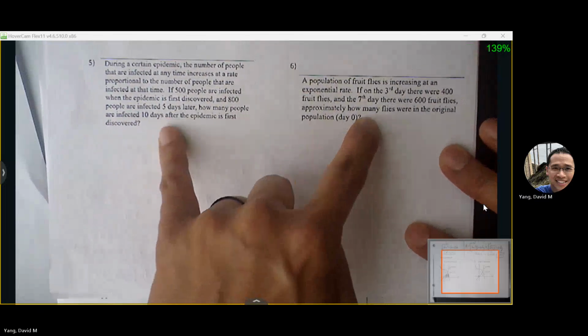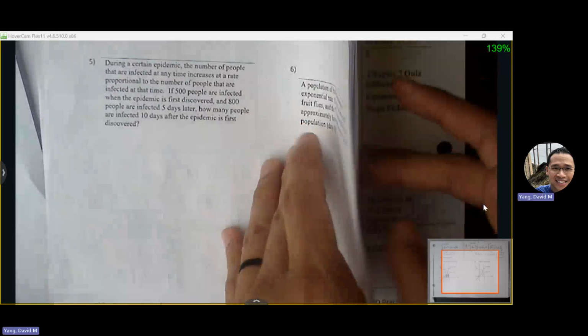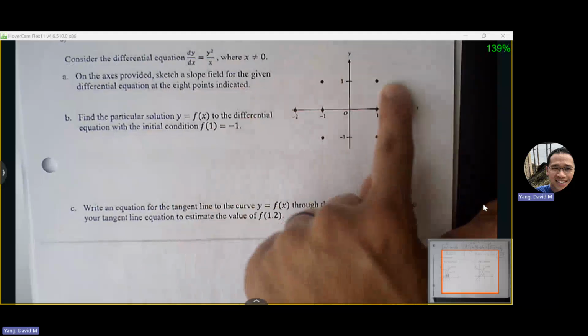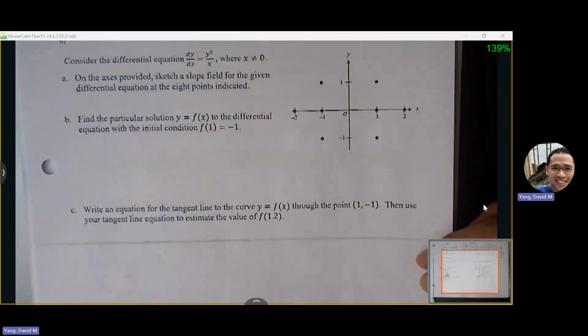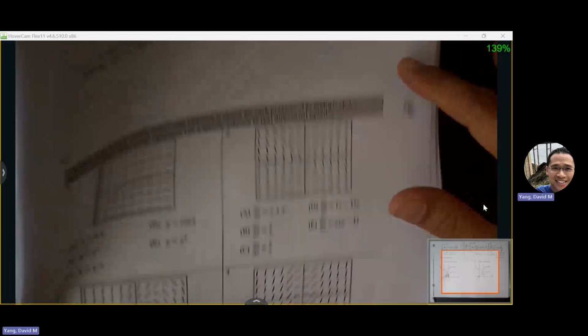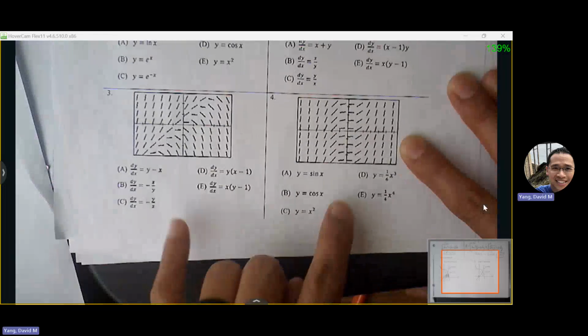Page 2 really is just finding a bunch of ordered pairs. You need to know how to create a slope field, but if I actually create a slope field, it's only going to be like 8 to 10 points. Know how to interpret a slope field, know how to match a slope field with a differential equation.